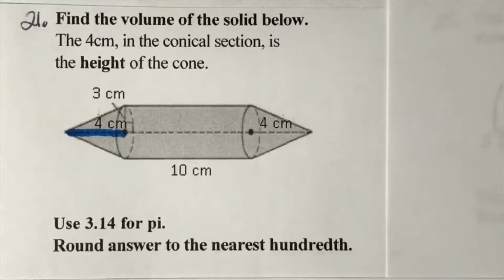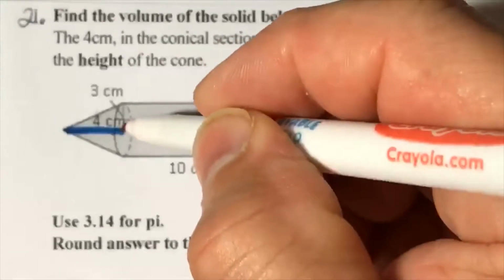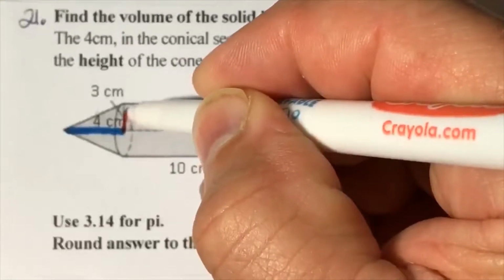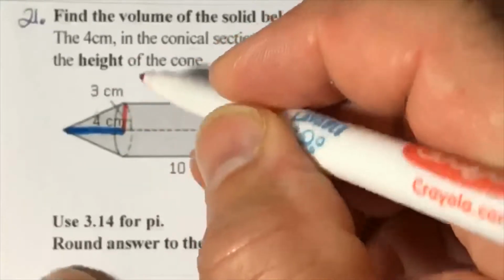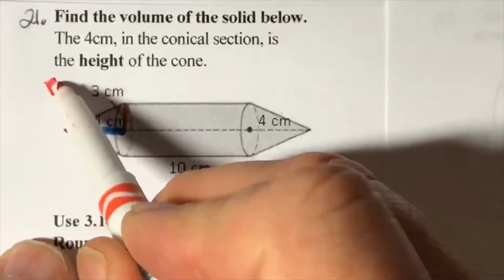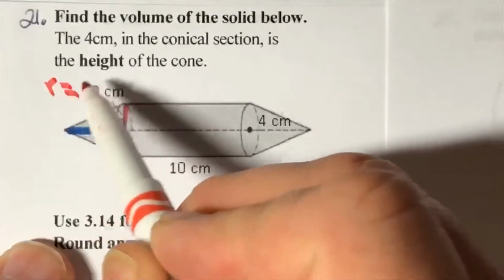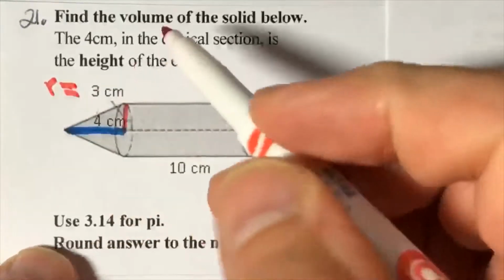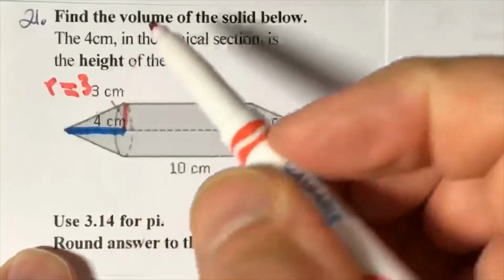and we see that we're also given on the diagram the radius. All right, so the radius is equal to 3.